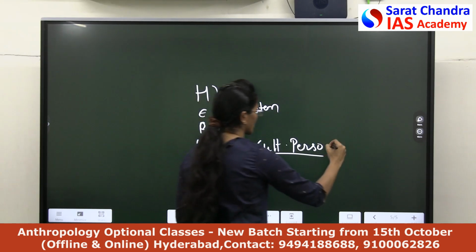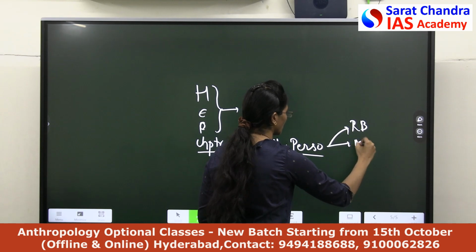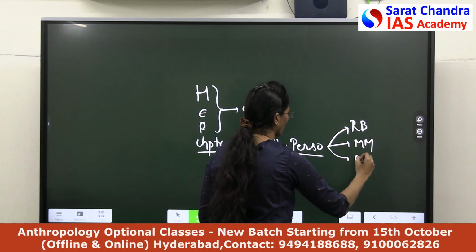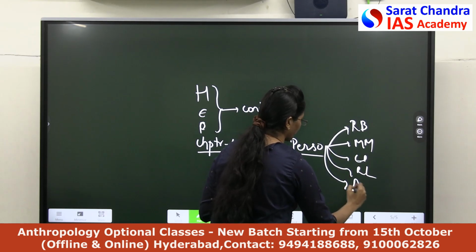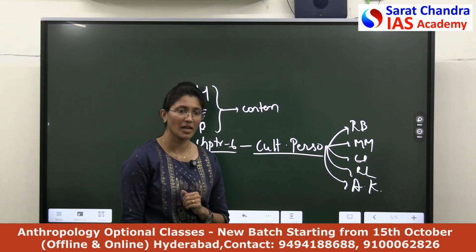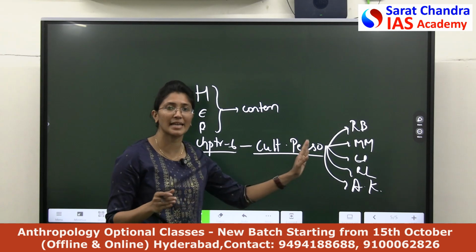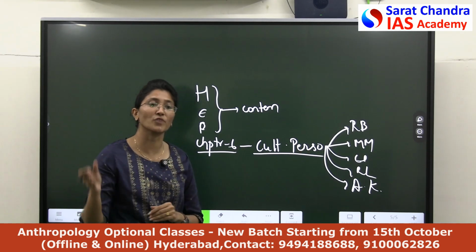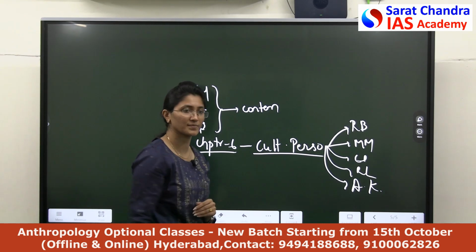So you have thinkers like Ruth Benedict, Margaret Mead, Cora Du Bois, Ralph Linton, and Abram Kardiner. What do these people say? It deals with the collective psyche of the society, how culture influences the personality of a person. So here you have the overlap with psychology, right?